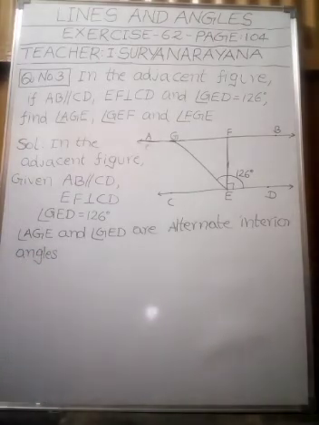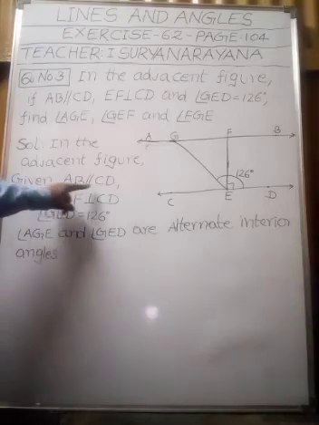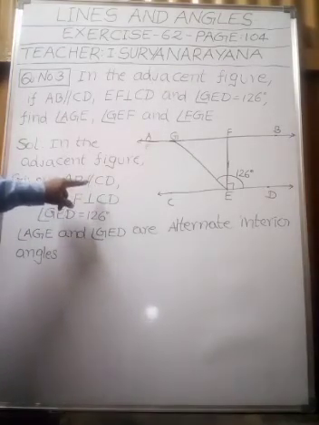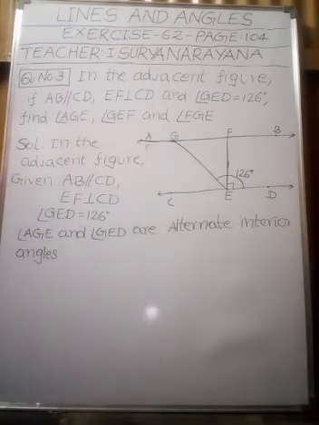There is a property, there is a theorem: if two lines are parallel, then alternate interior angles are equal.